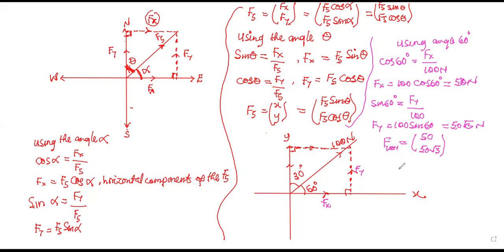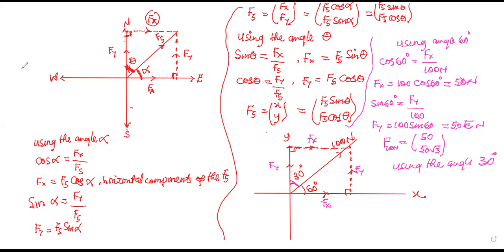Using the angle 30 degrees, which is this angle, the opposite to the angle is still Fx because it's along the x-axis. The adjacent to the angle is still Fy because it's along the y-axis.